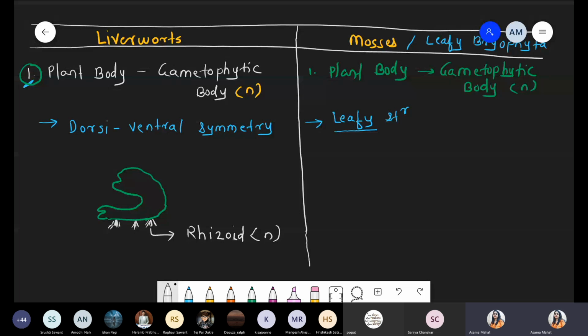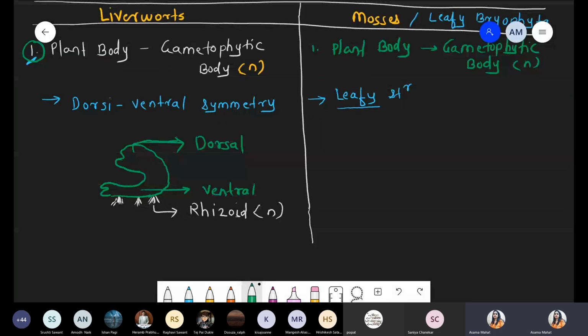The bottom side, where the roots are present, is the ventral side, and exactly opposite this side is the dorsal. So this is a simple diagrammatic representation of the dorsal ventral symmetry of liverworts.